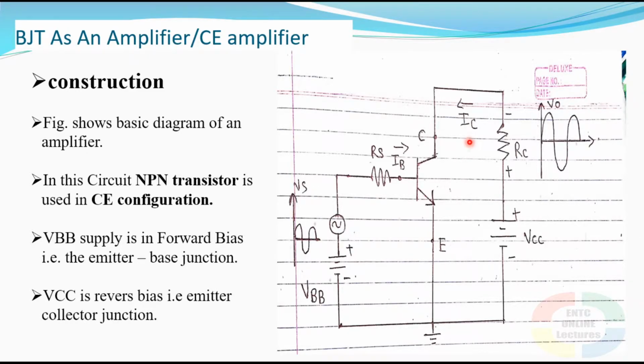This large number of electrons is nothing but current IC. As we increase input voltage Vs, a large current flows through the circuit, and across RC we get output voltage VO. This increased current IC and output voltage VO are the amplified version of the input signal.